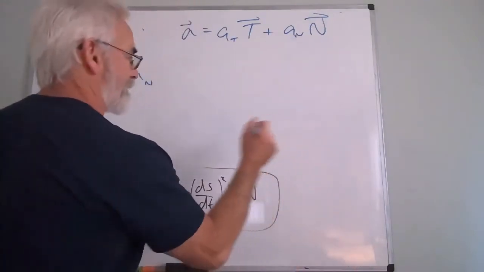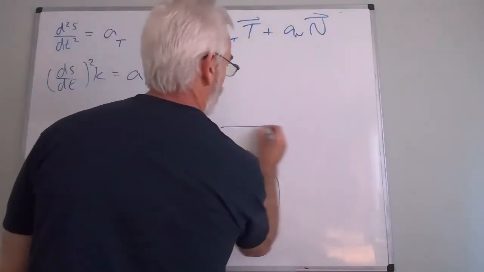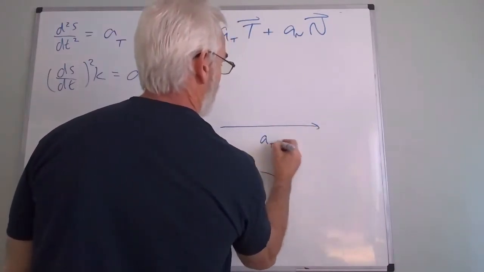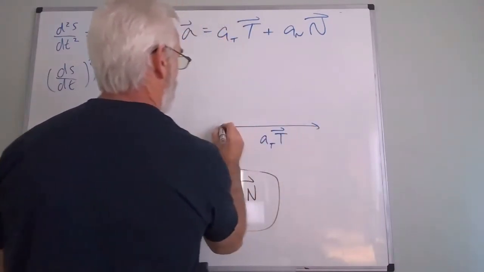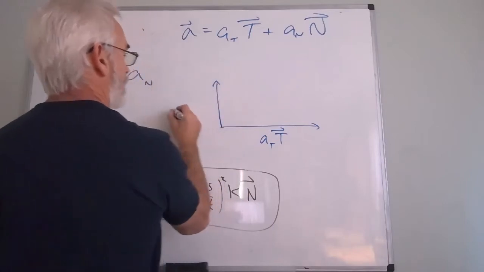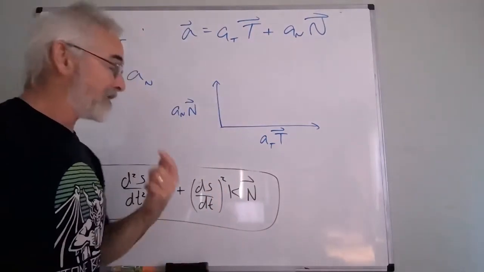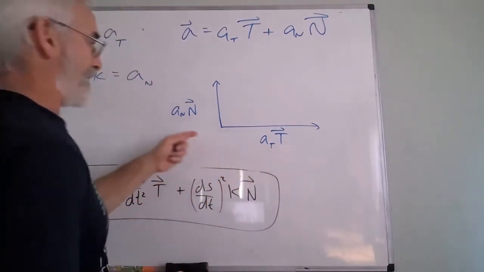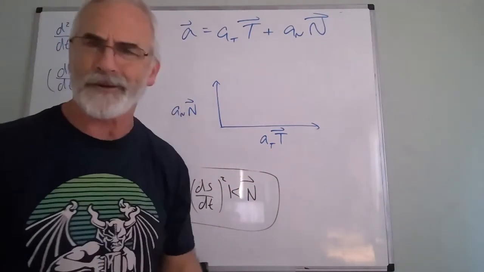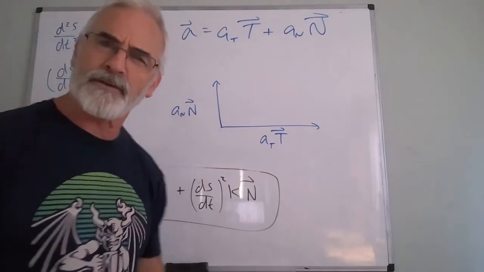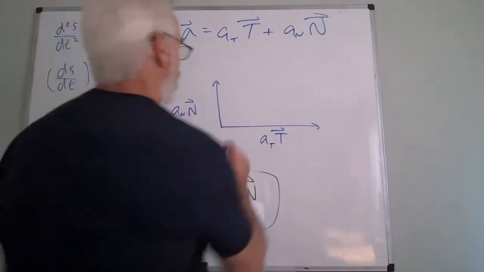So let me just kind of write them down. Let's say that right there represented a_T T, and let's say that represented a_N N. I'm making them of different lengths. Okay, so maybe this is 10T and that's 6N, whatever, doesn't matter. So tell me about A. Well, A's got to be the sum of these two.